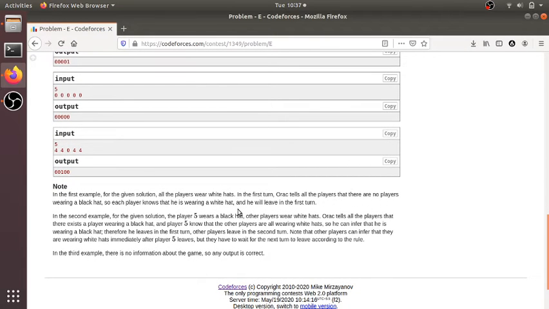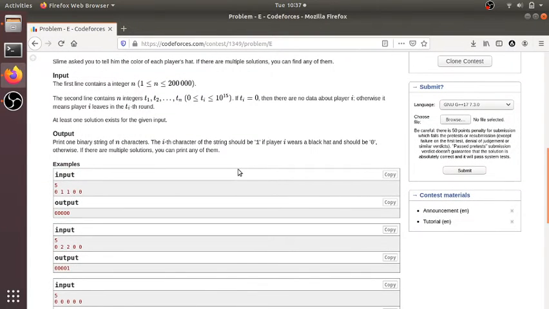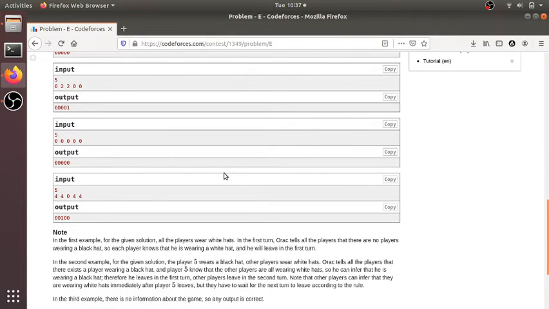Why is there no information? Any output is correct. All those solutions, you can print any of them. They left in the 4th round. All of them. How did they come to know that in the 4th round? How did they come to know that they are wearing white hats?